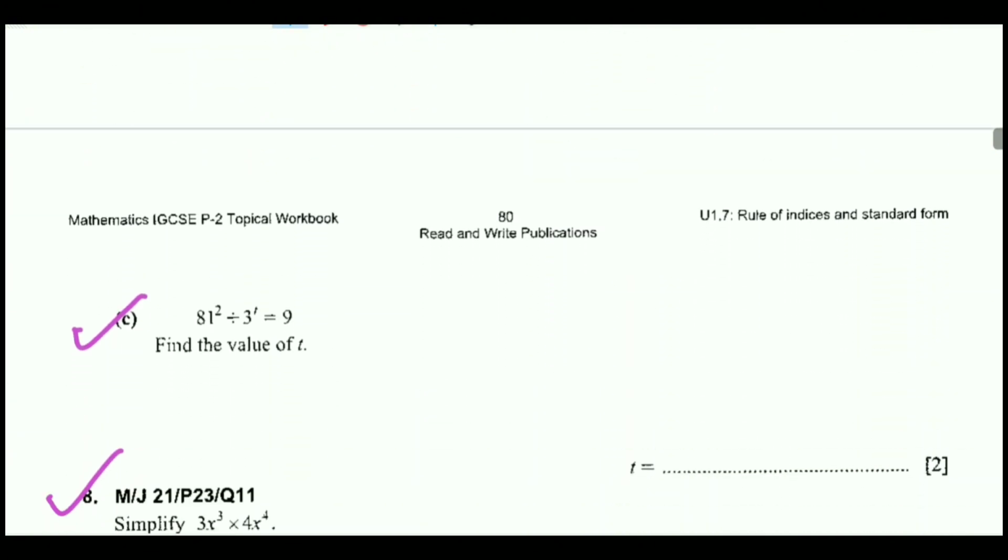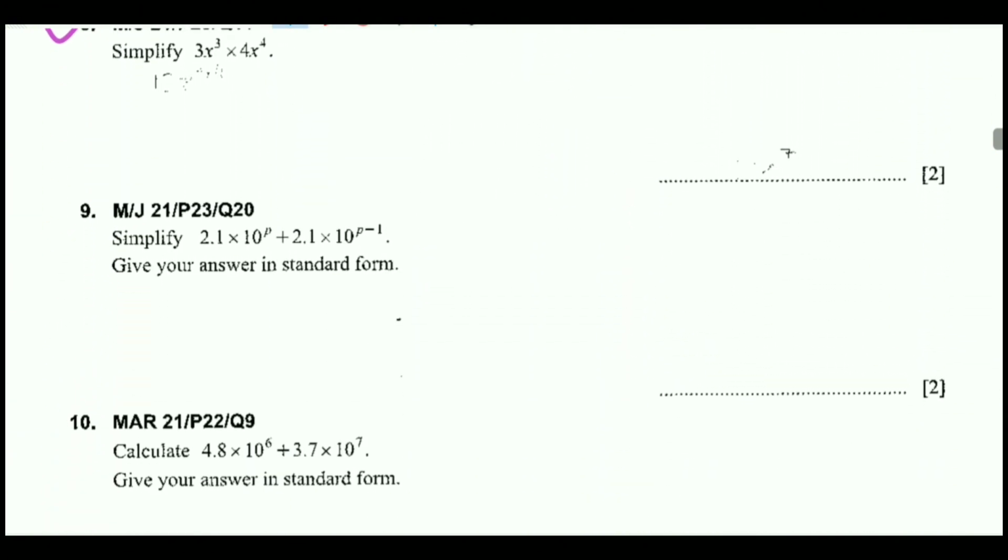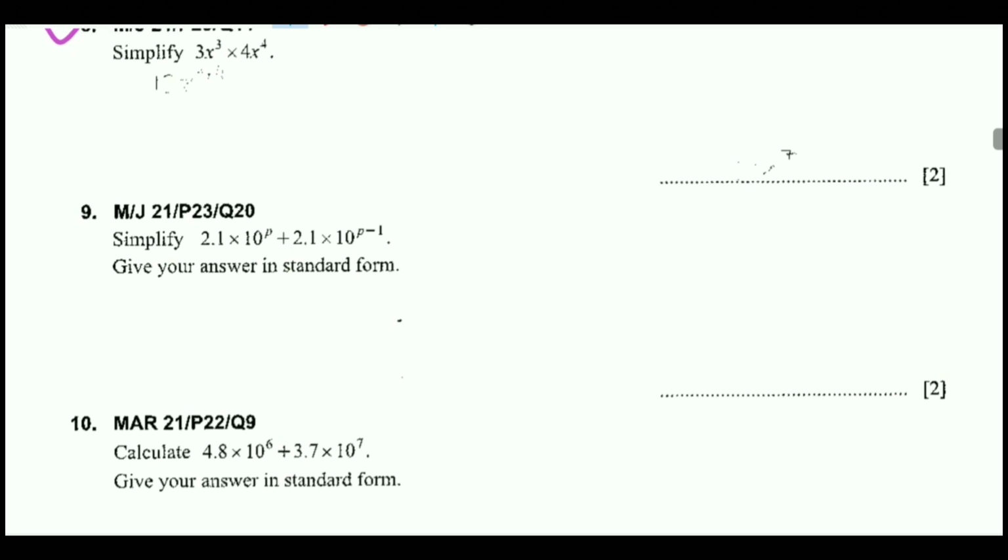Next question, all these questions are of indices. Question number 9. Simplify this, give your answer in standard form. So this is a question of addition. This sign you have to check, because this is the first standard number, this is the second standard number, and this is the sign that you have to check. So this is addition. It means you have to use the rules of addition here. So what we will do, we have to make it p.